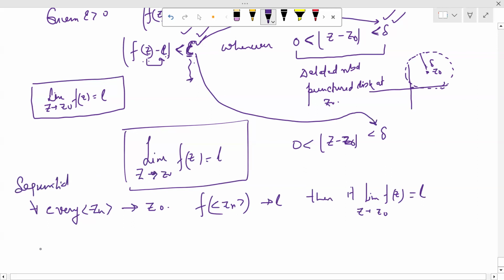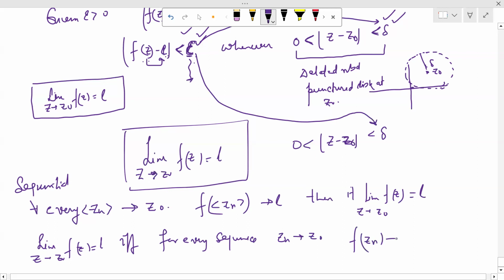And this is if and only if: the limit as z tends to z naught of f(z) is equal to L if and only if for every sequence Zn which converges towards Z naught, f(Zn) must converge towards L. So this is the sequential definition for the limits. I hope it is clear till now.